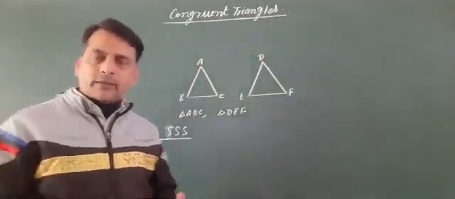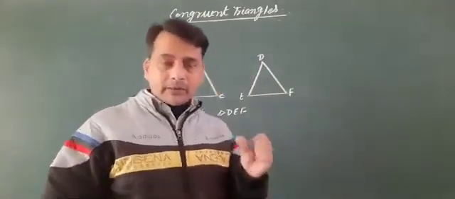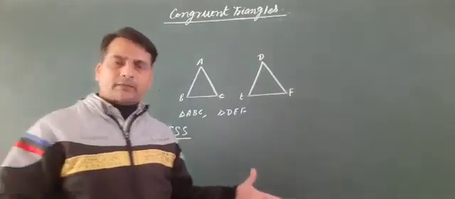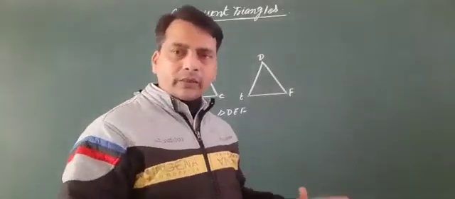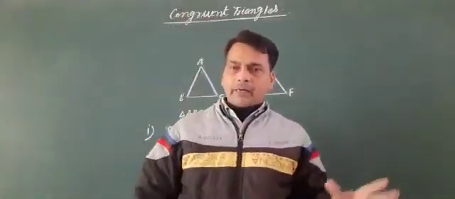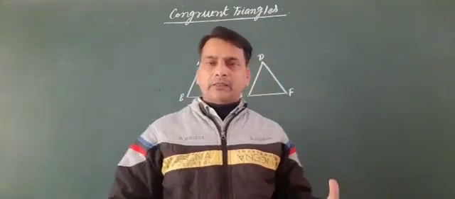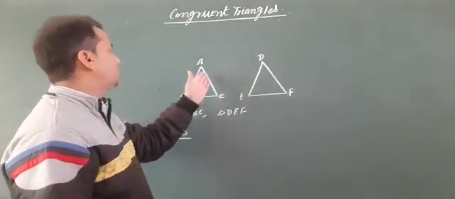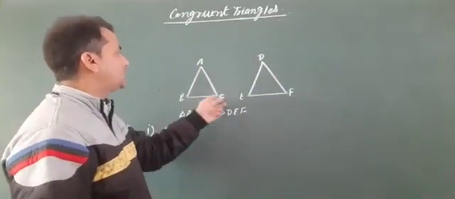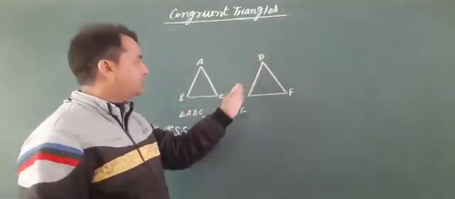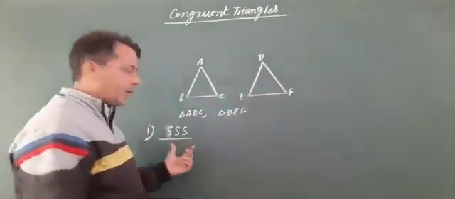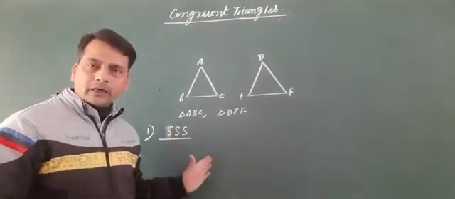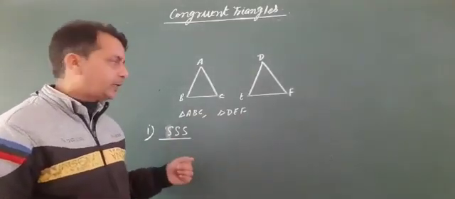We know that a triangle has three sides. If two or more triangles have all corresponding sides the same, they are said to be congruent. So now here are two triangles. The first triangle is ABC and the second triangle is DEF. So apply the first condition of congruency, side, side, side.